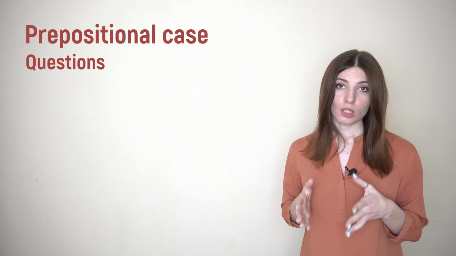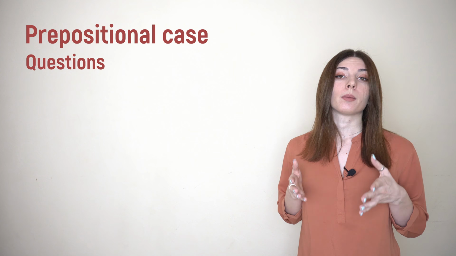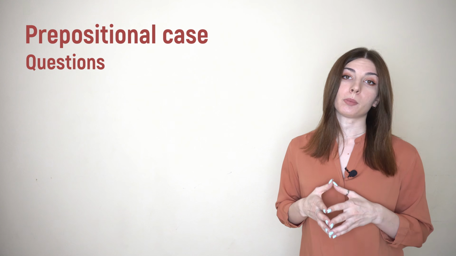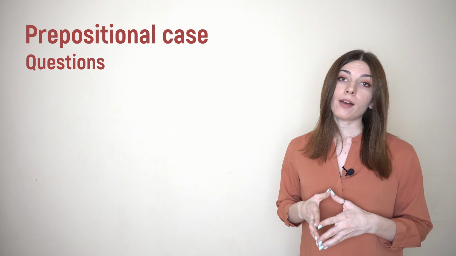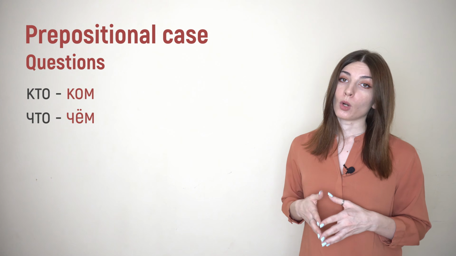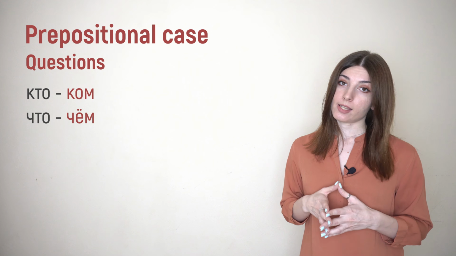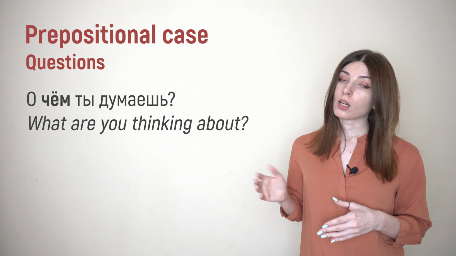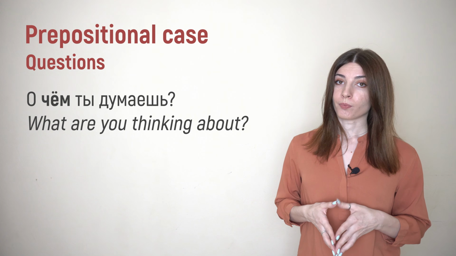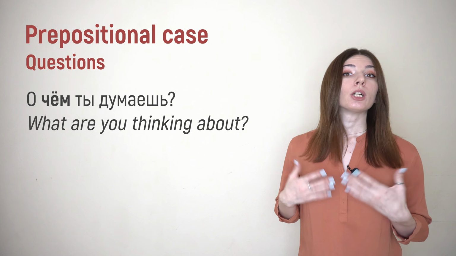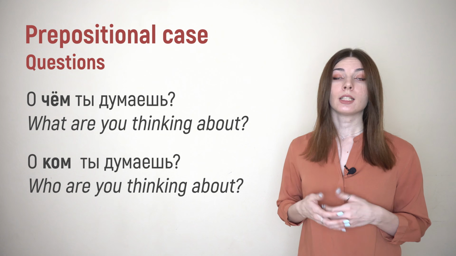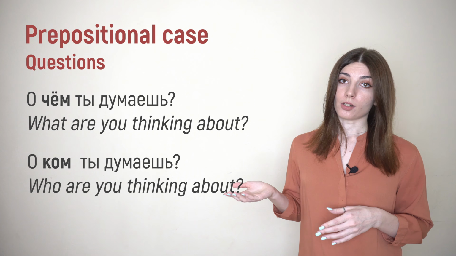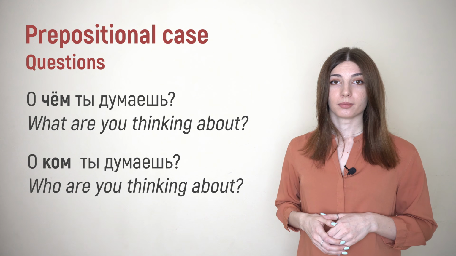We also need to put it in the prepositional case. And что in the prepositional case will have the form чем, о чем. Like this, the question will be о чем ты думаешь? Or if you want to ask who are you thinking about, same logic. О ком ты думаешь?